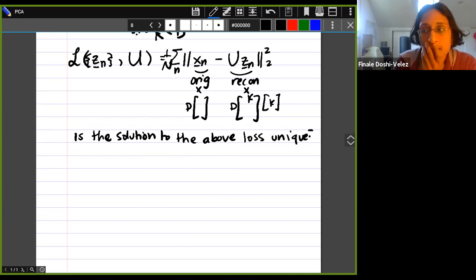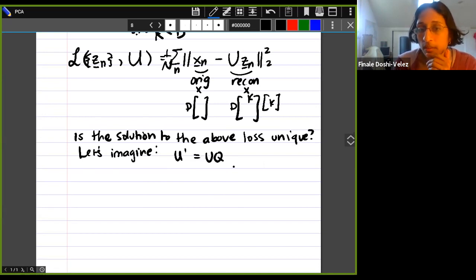And the answer to this is no. So the solution is not unique. A quick way we can see that is to imagine taking some new u prime equal to u times some invertible k by k matrix q. And for every zn prime, this is going to be equal to q inverse times the original zn, right?